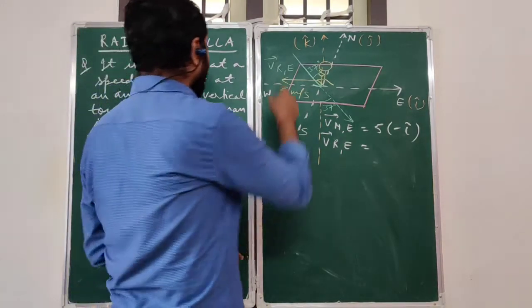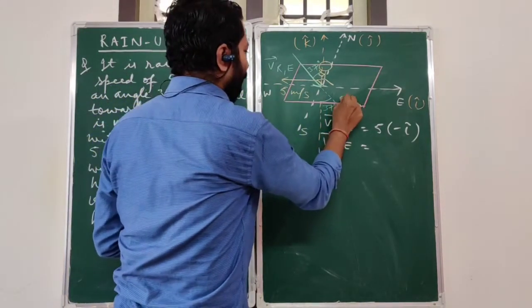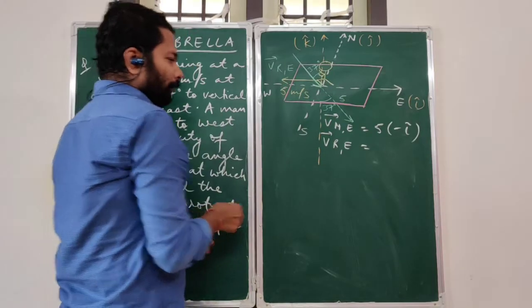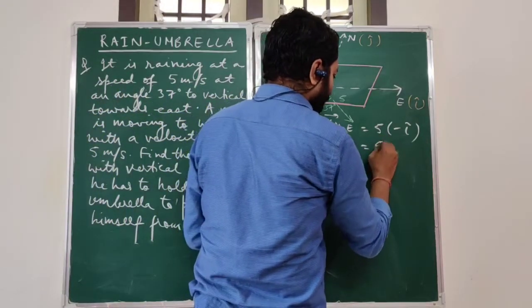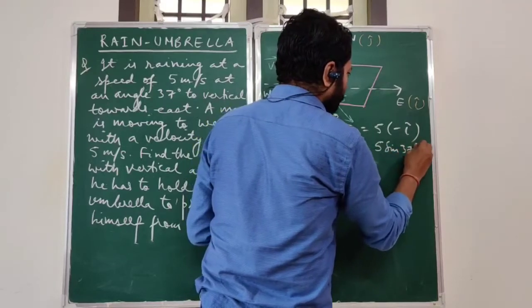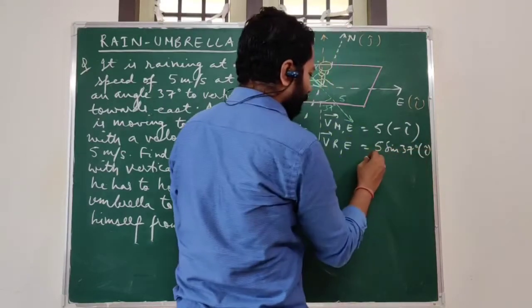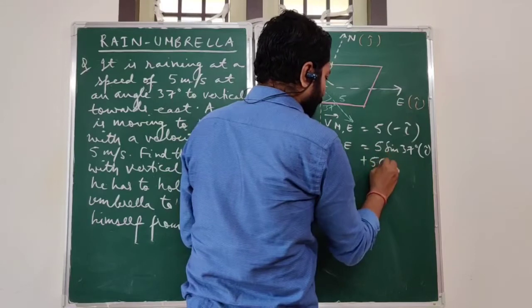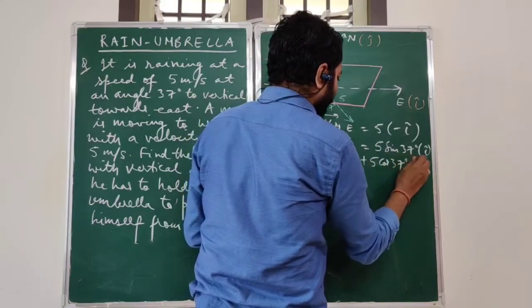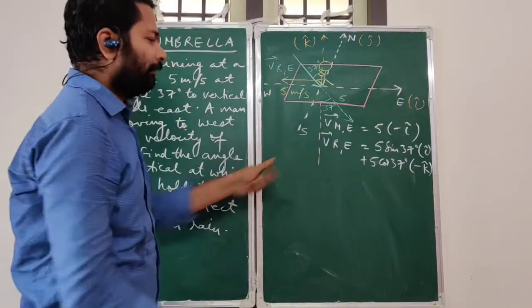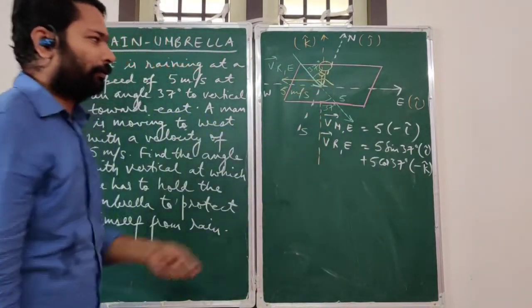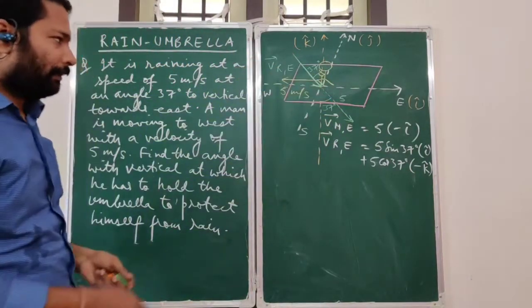So we can break it down. What is the magnitude? 5. So V_RE will be equal to 5 sin 37 degrees along i cap plus 5 cos 37 degrees along minus k cap. This is the minus k cap direction, downwards. So we have broken down this vector.